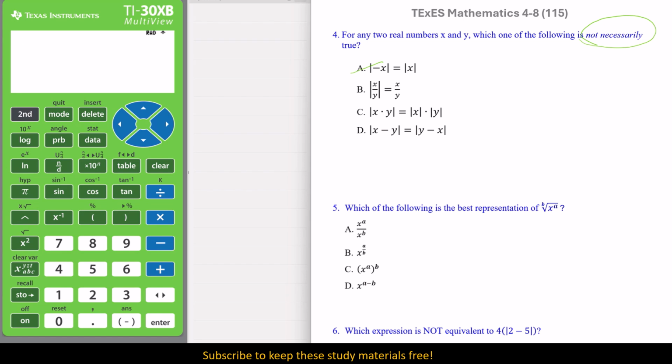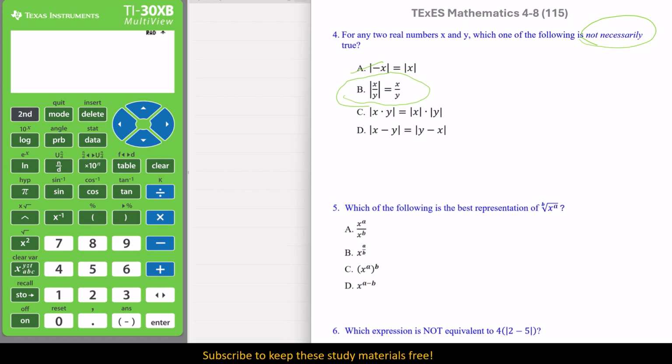If they're equal to each other, it has to be true either way, which would be reflexive. So if we have negative x over y, is that equal to the absolute value of negative x over y? And that's not true. I would not say that this is necessarily true, but we could try that with some numbers. Well, if you think about it, it's just not going to happen, okay? Negative x over y is not equal to the absolute value of y.